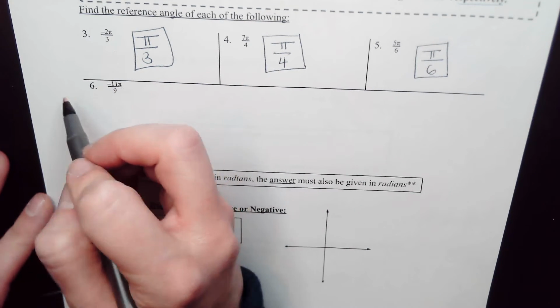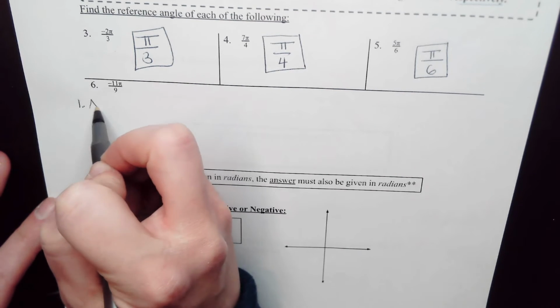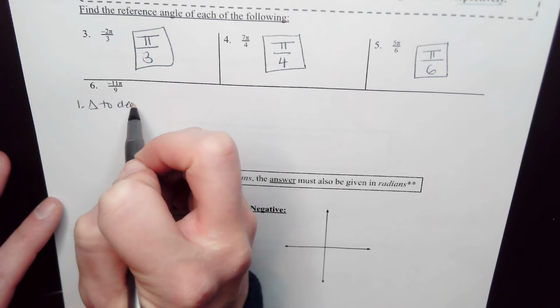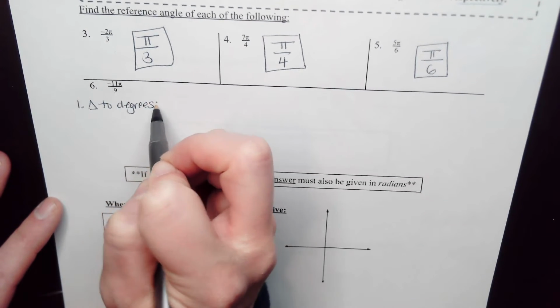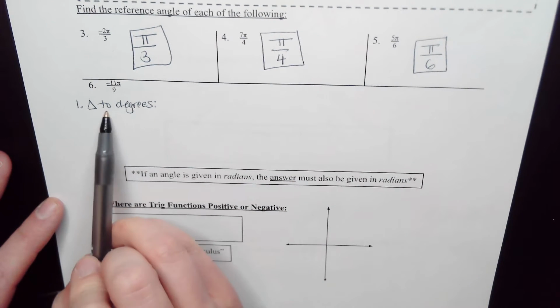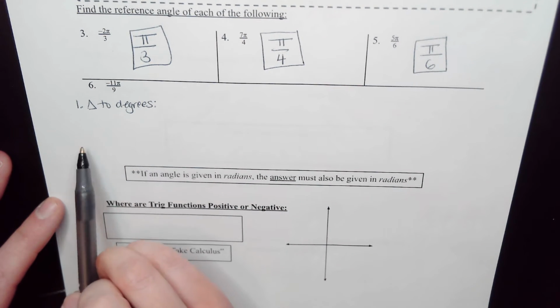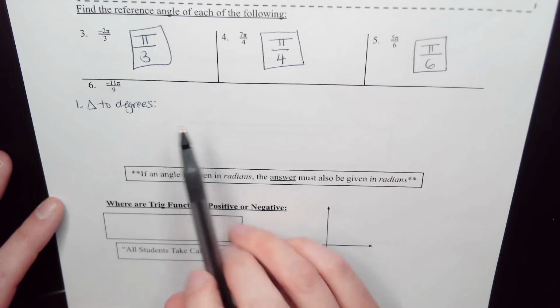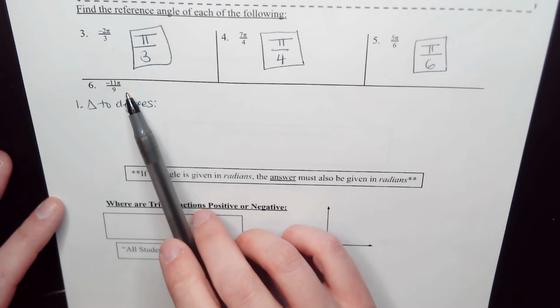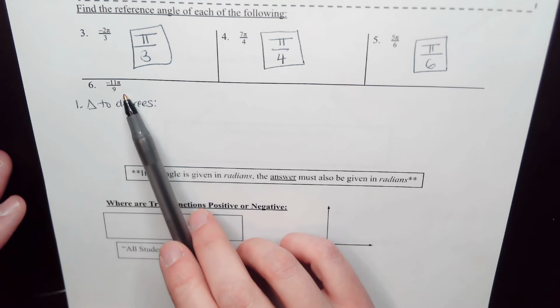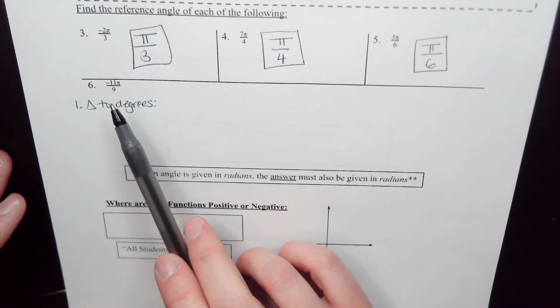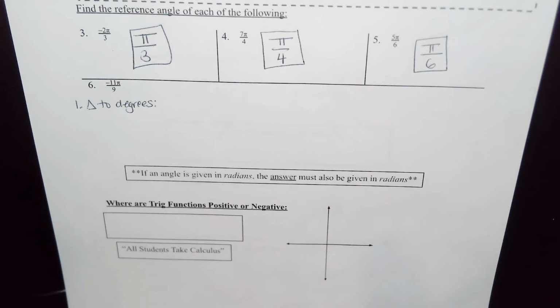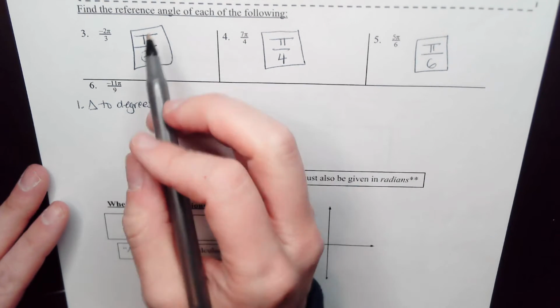So I first want to convert this to degrees, because it's going to be easier for me to work in degrees. I'm going to change it to degrees, find my reference angle, and then change it back to radians, which is why this one is so much work. Next year in pre-calc, you'll talk more about how to do this kind of thing without converting between degrees and radians, so more thinking in radians all the time.